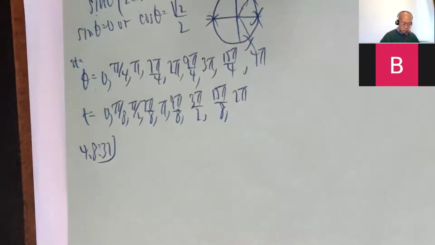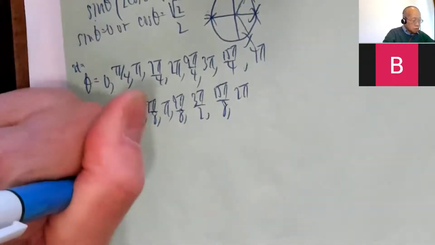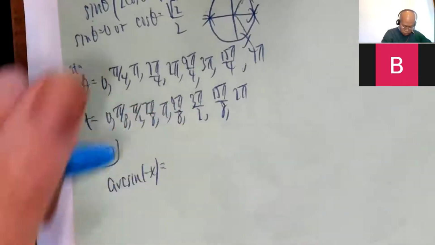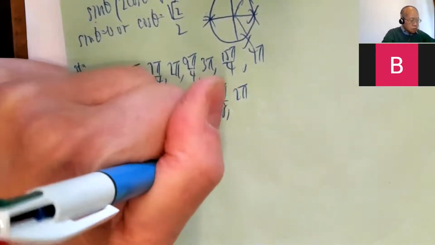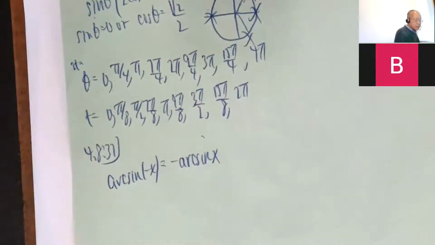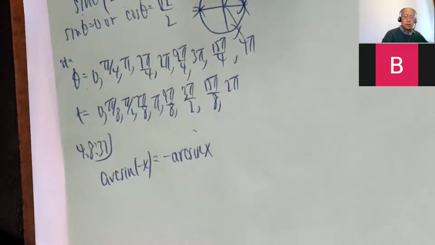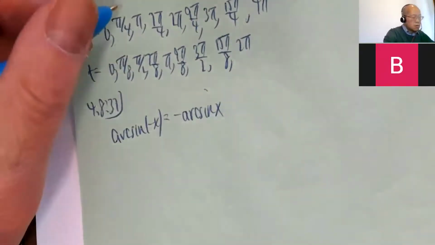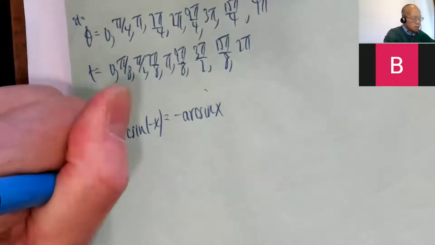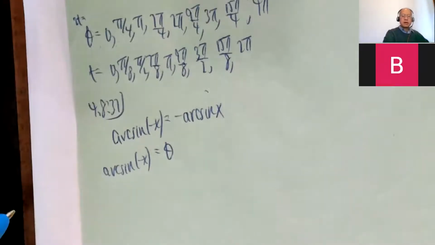4.837. Let me see what that one is. I think I did work something like that out before. Arc sine of negative x equals theta.